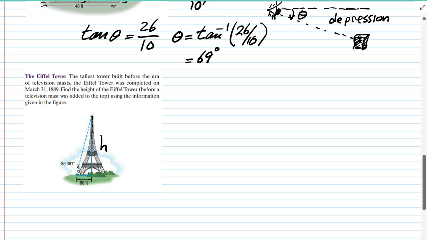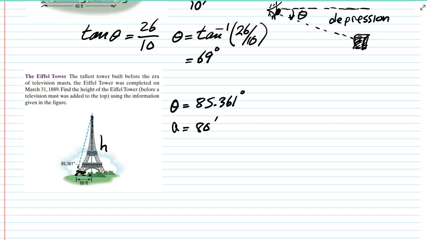We're given the angle of elevation, theta, which is 85.361 degrees. And the distance from the edge of the tower to the center of the base of the tower, the distance adjacent to the angle, call it A, is 80 feet.